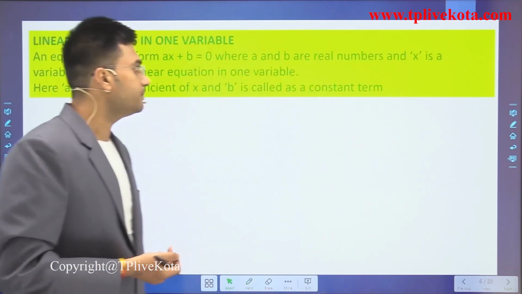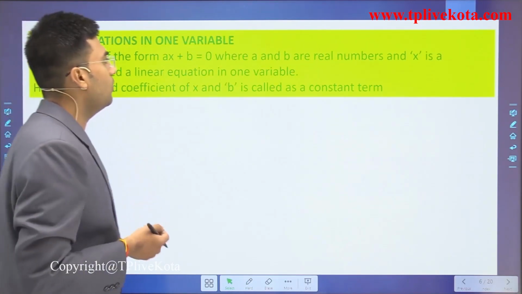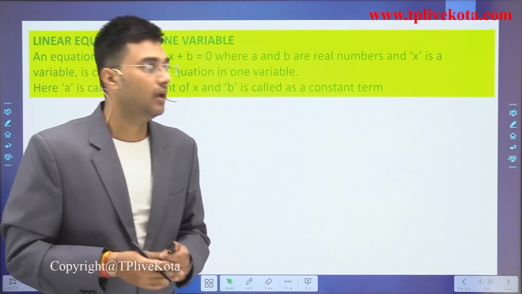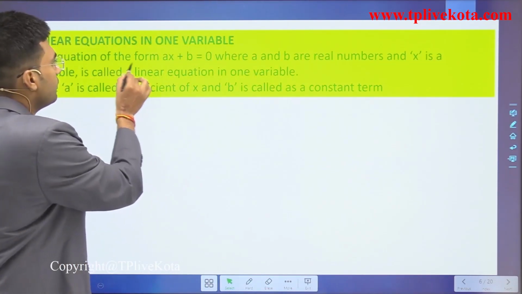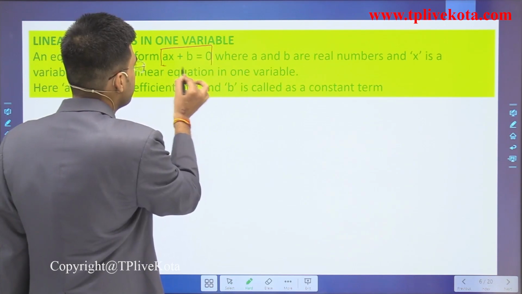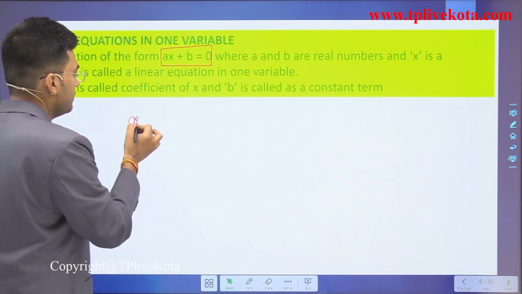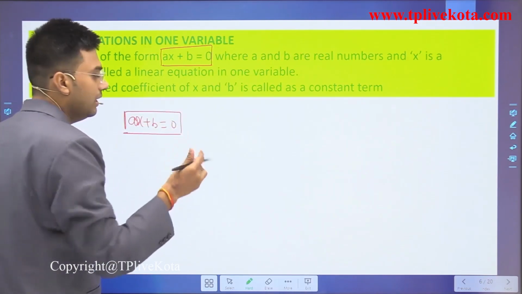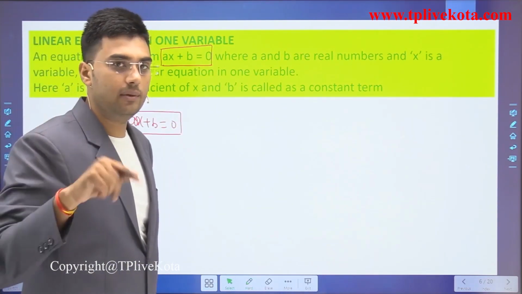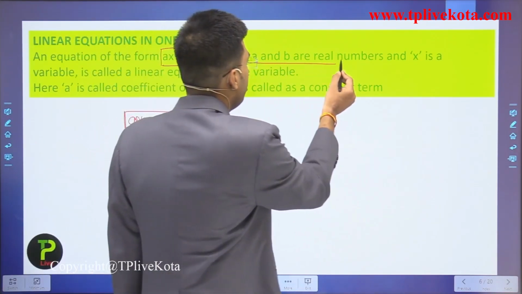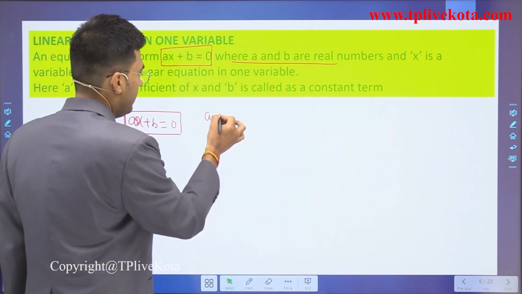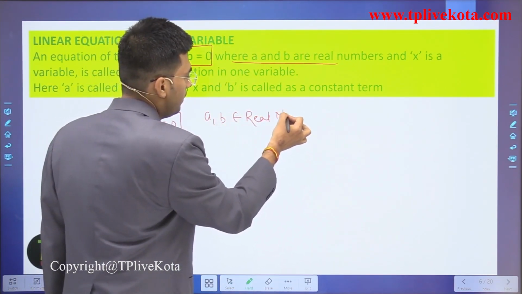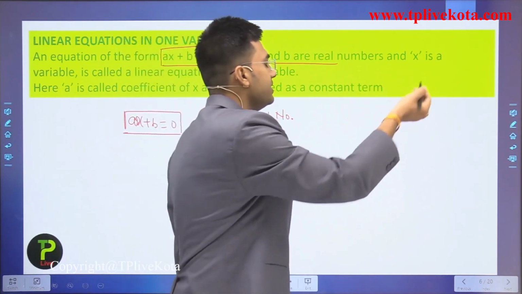Now, linear equation in one variable. An equation of the form ax plus b equals 0 is the form of a linear equation in one variable, where a and b are real numbers, a and b belong to the real numbers, and x is a variable.